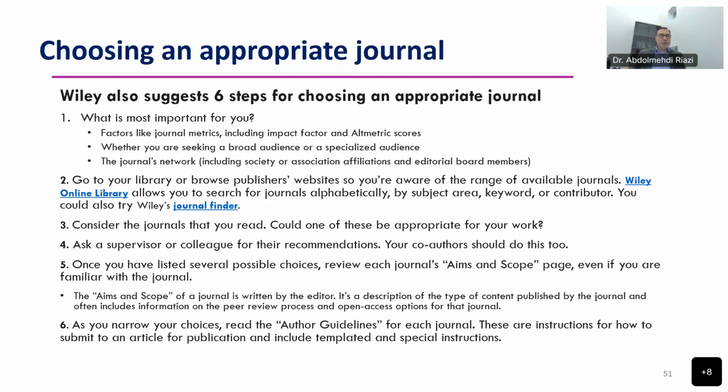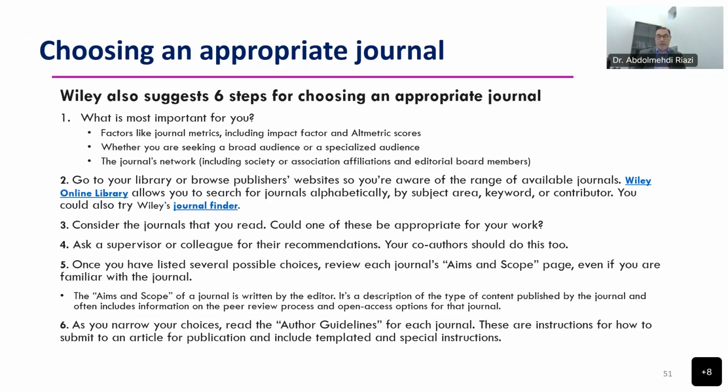And then number 6, as you narrow your choices, read the author guidelines. This is what I discussed yesterday, that each journal has author guidelines, or a guide to contributors, or a guide to authors.